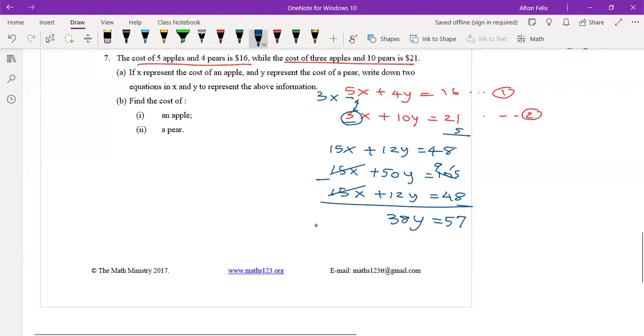All right, so let's divide by 38. So we're going to get some decimals to work with. So let's see. Solving for y. Y will be 57 divided by 38.